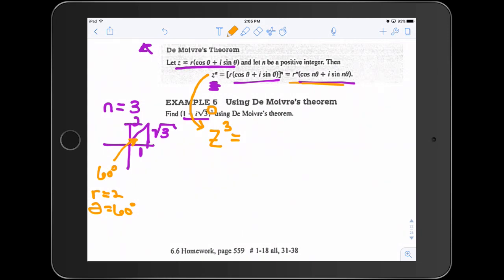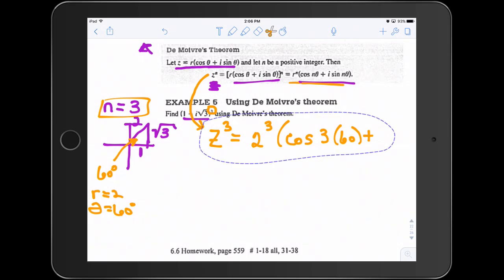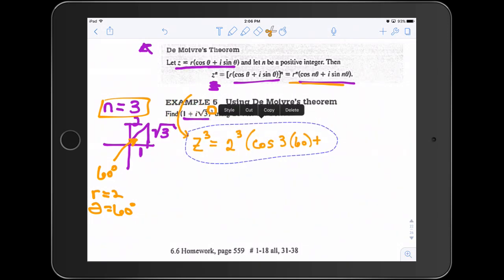The radius r, which is 2, cubed, times the cosine of n, remember n equals 3, times the direction angle of 60, plus i sine of 3 times 60.